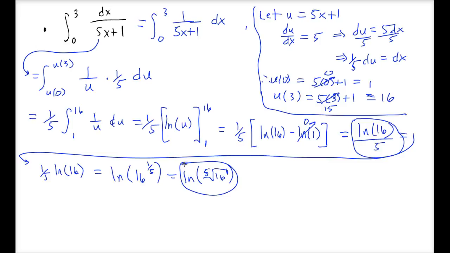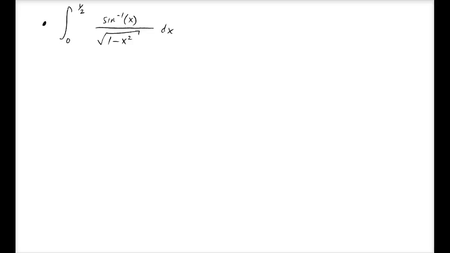All right, so let's move on to our next example. For our next example, we see we have an inverse trigonometric function inside our integrand here. So we're thinking that whatever else is inside the integrand may be related to the sine inverse function via its derivative.